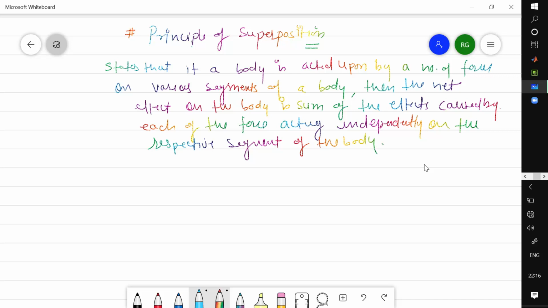So each segment can be considered in equilibrium. Each segment of the body can be considered in equilibrium.